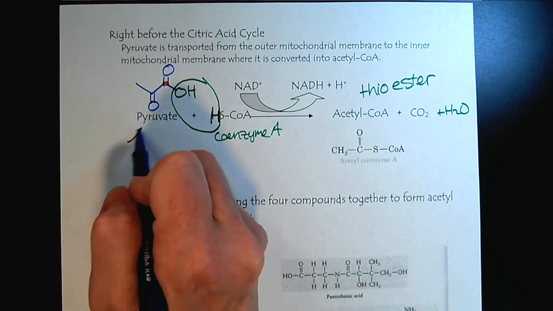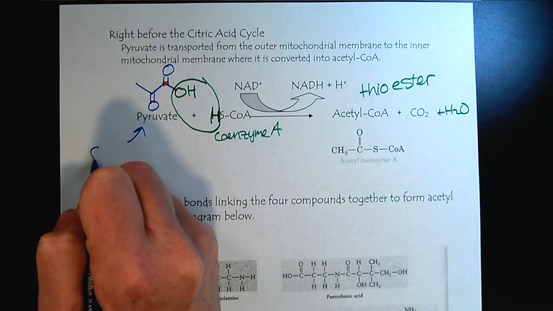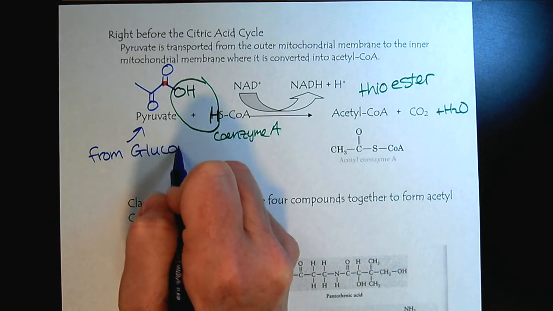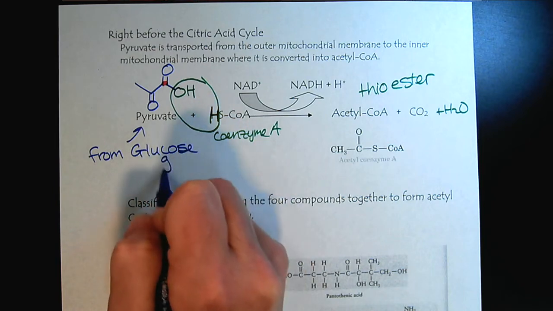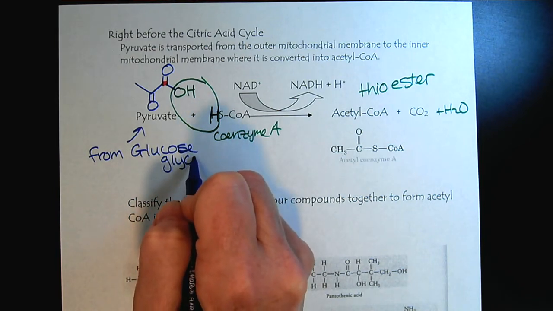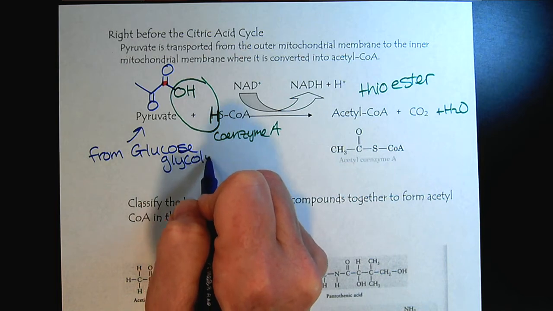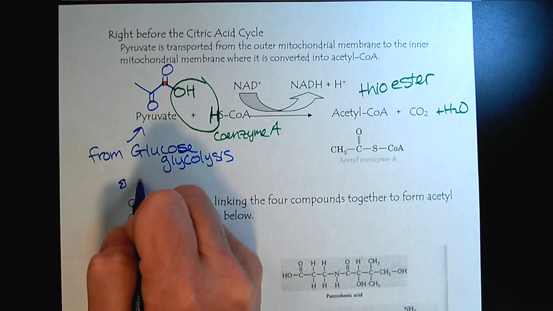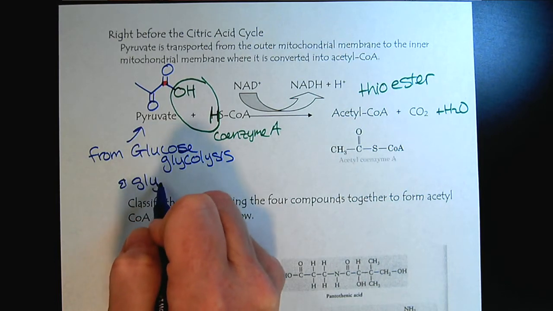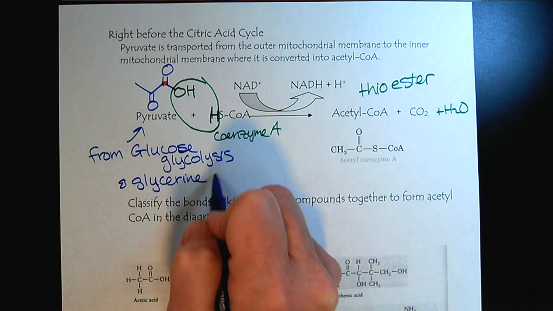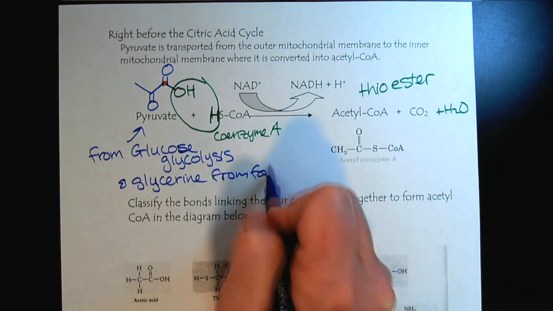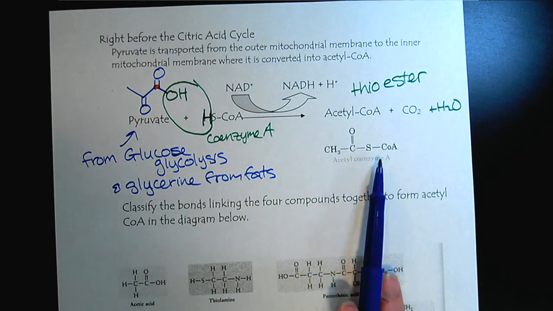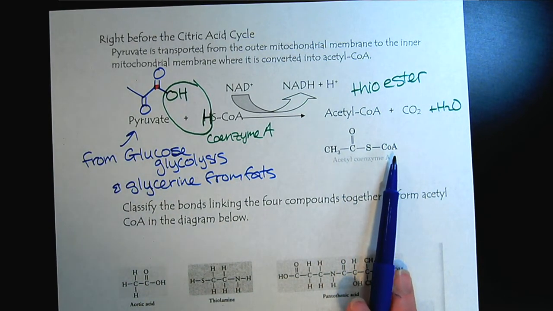So pyruvate comes from glucose, from glycolysis, we produce pyruvate, and we can also produce it from the glycerin from fats. Okay, and so here we have it, but notice that we always just tend to say CoA.